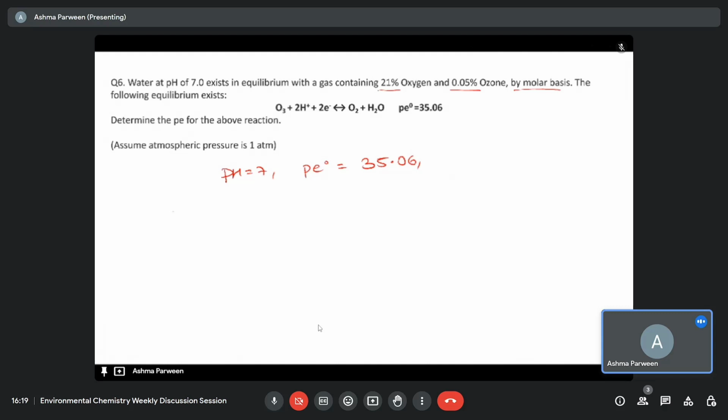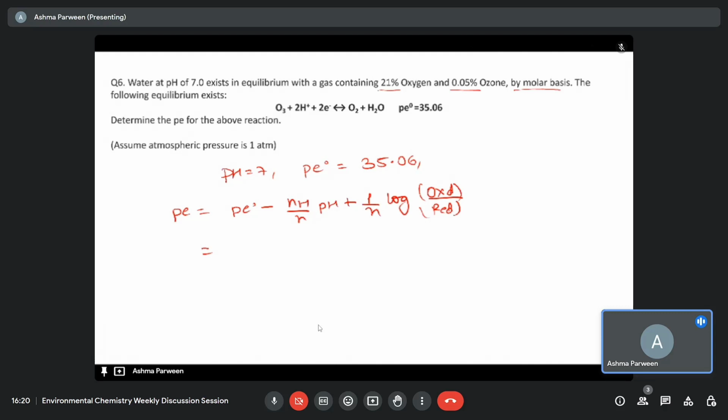We know we have to find out the PE. So we know that PE is equal to PE naught minus NH by N pH plus 1 by N log oxidant by reductant.